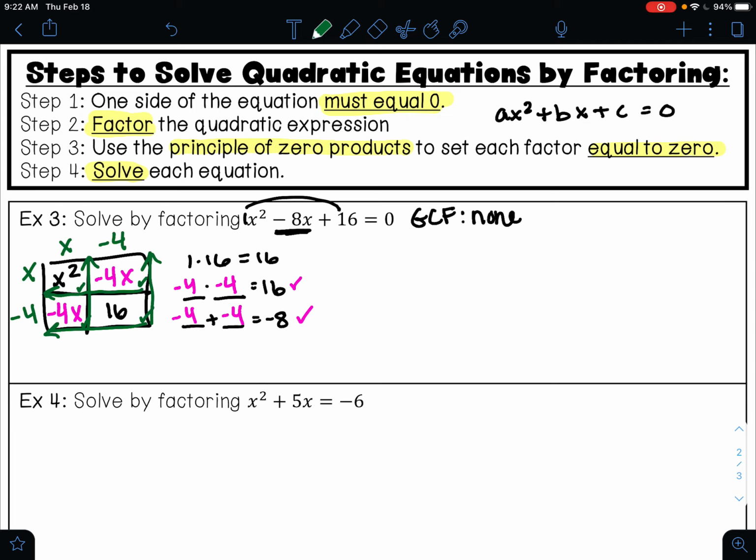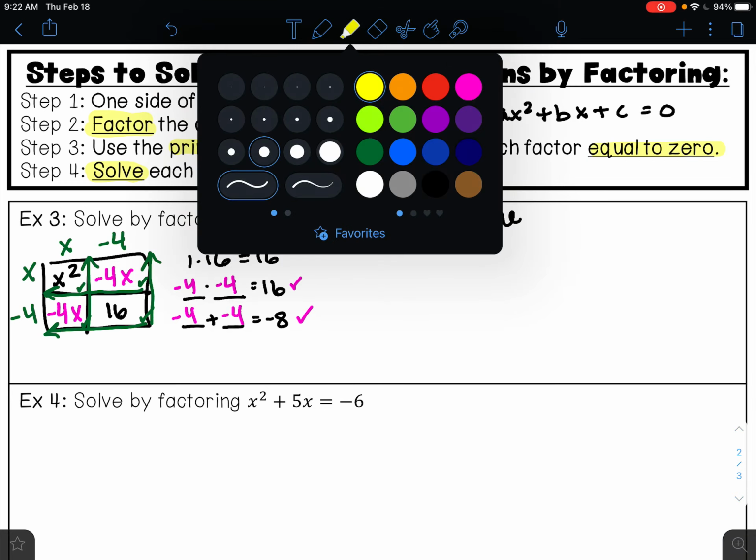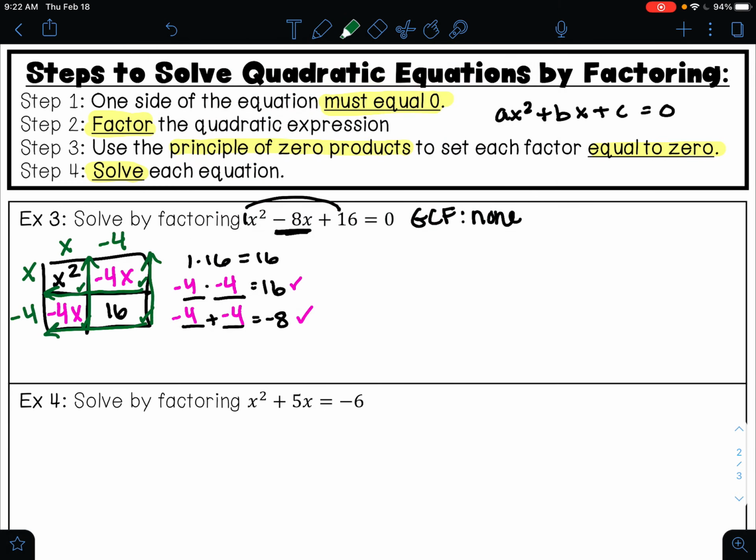So what we have just done is that we have just factored the left side of the equation. And that left side of the equation has become (x − 4)(x − 4).